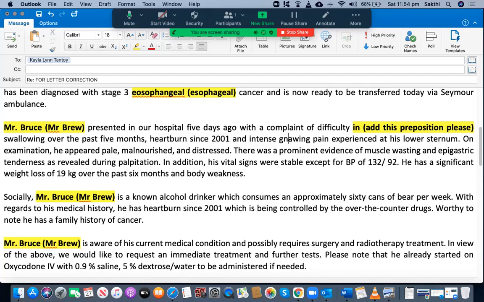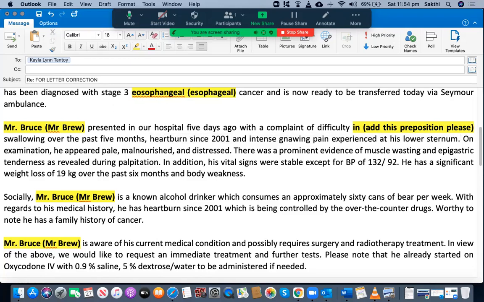And then you could have mentioned intense gnawing pain experienced at his lower sternum. And then heartburn could have been written in a separate sentence because this is not appropriate. I don't know why you have written here since 2001. When we go through the case notes, we will be able to find out why you have written it. Let's go through the next one.